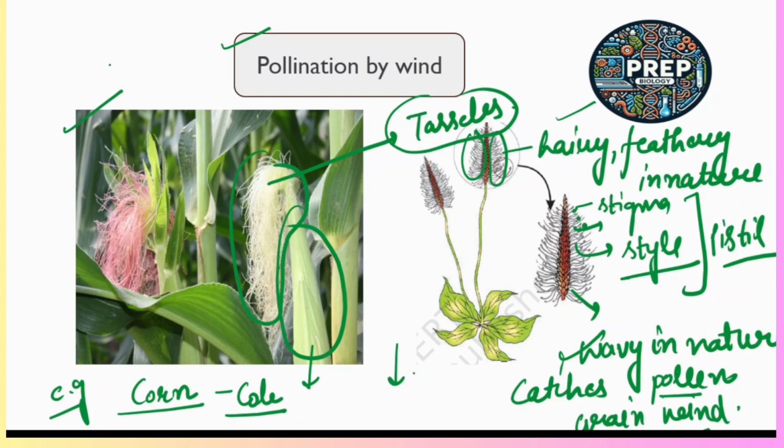Another example of pollination by wind is some of the grasses, where pollination occurs with the help of wind. Please note it down. These examples are very, very important.